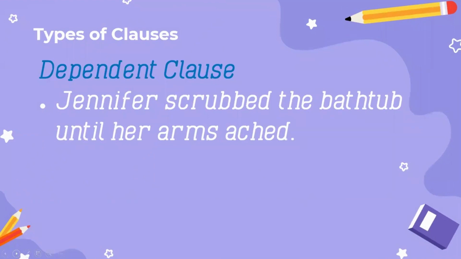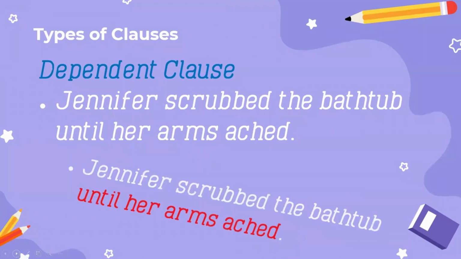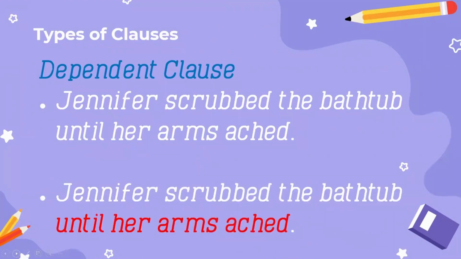How about this one? Another type of clause is what we call dependent clause. In this sentence, can you identify the dependent clause? Jennifer scrubbed the bathtub until her arms ached. Now, the dependent clause in here is until her arms ached. The subject here is arms and the verb is ached.